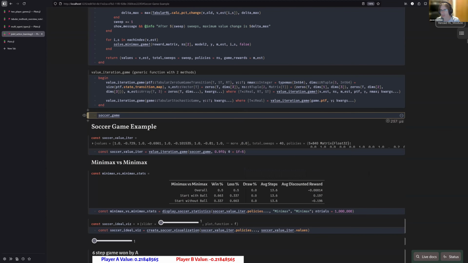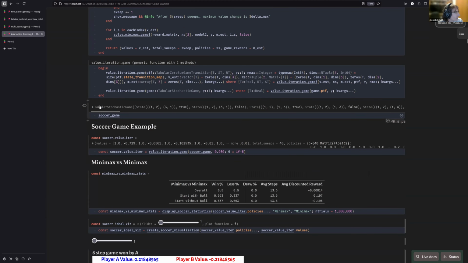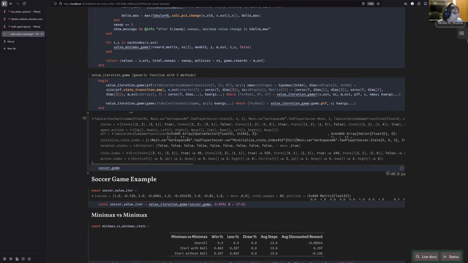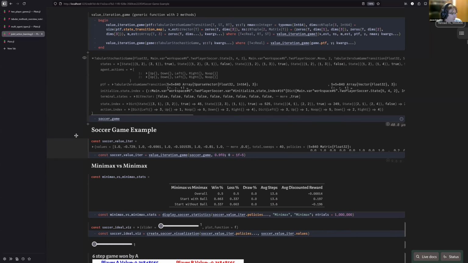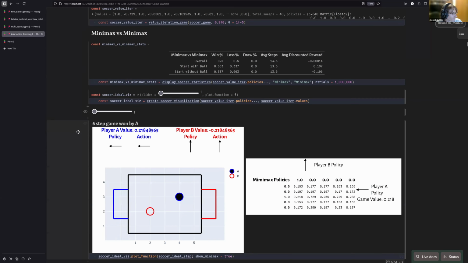This is defined somewhere else. But here, it's a stochastic game, and here are the agent actions. Each agent has 5 actions available. So it's the 4 normal directions, and then there's this no-op action, which is for when the agents choose to just stay still, not do anything. And the rules of the game are very simple.